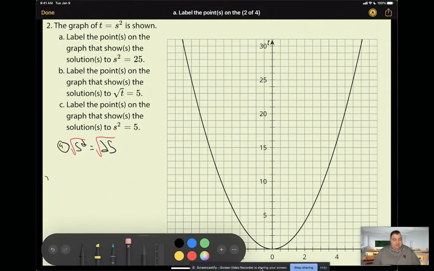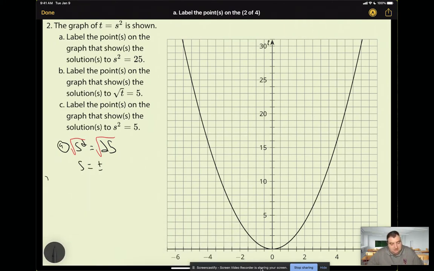it would be s equals plus and minus 5, positive and negative 5, because of the original equation. 5 squared is 25, and negative 5 squared is 25. So there are actually 2 points here. So when s equals positive 5, that's going to be right here. We can see that t equals 25, right?